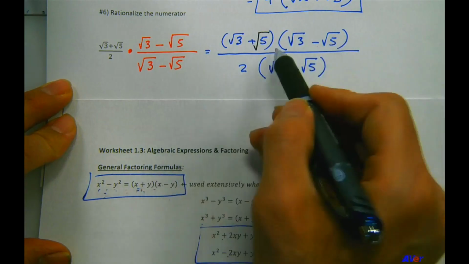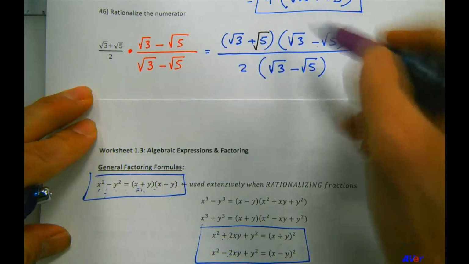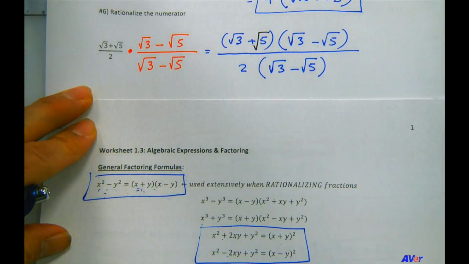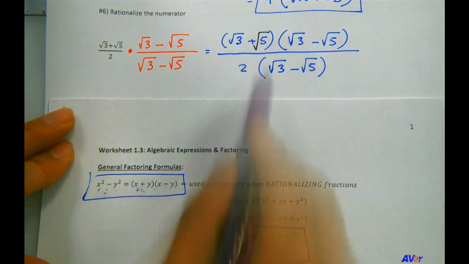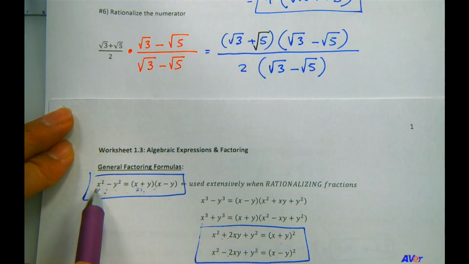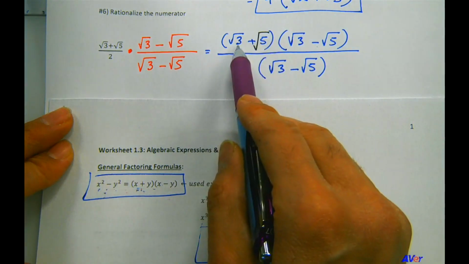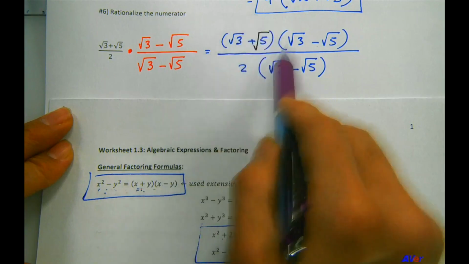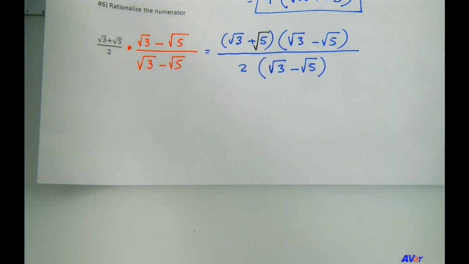So in our case, this is x, this is y, x plus y, x minus y. I hope you see the connection. So now that means we can write the numerator in terms of perfect squares. x squared minus y squared becomes square root of 3 squared minus square root of 5 squared. Okay, let's do that.